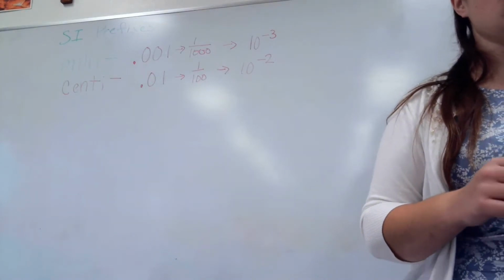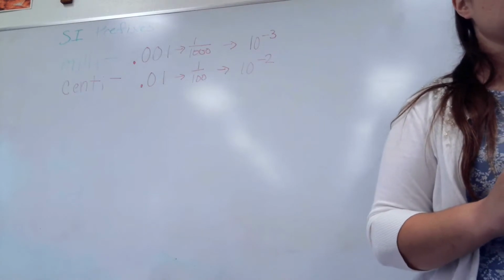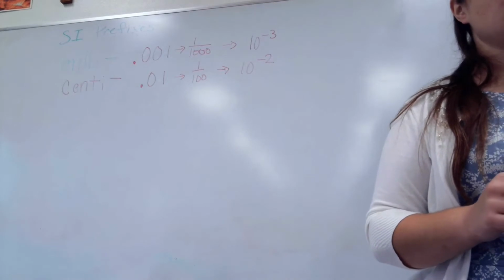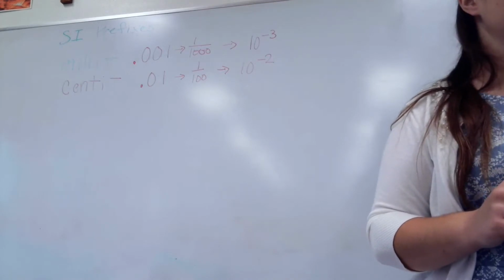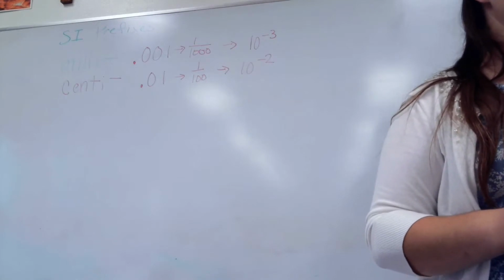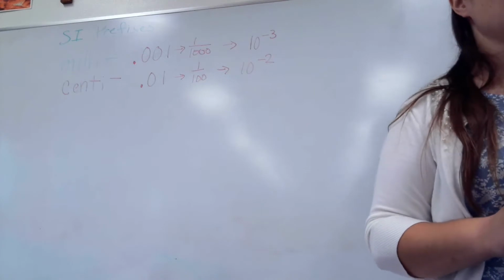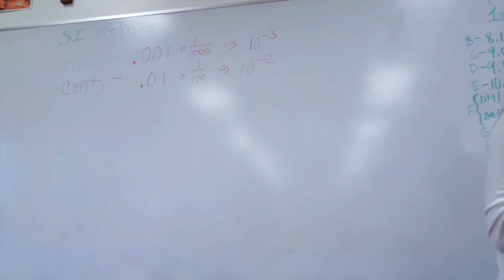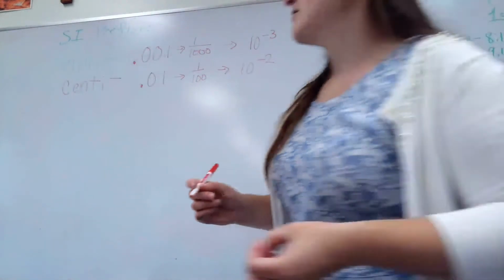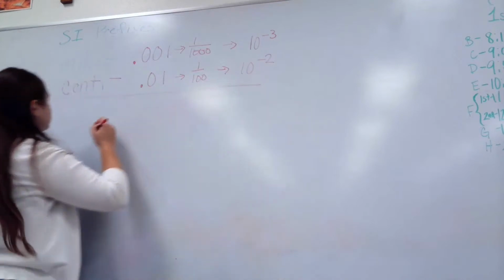Probably the next most common used one. If we have something similar to a mile that we're measuring in SI units, what are we going to call it? If you run a 5K, what are you measuring your distance in? Kilometers. So kilo is going to be our next prefix. This is where we go from smaller to bigger.